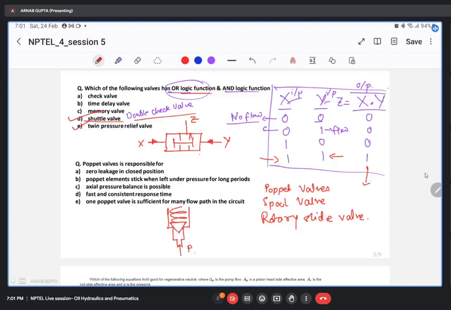If the pressure of the fluid flowing from this direction exceeds the preset pressure of the spring, then this poppet will lift up and the flow will happen from the sides. This can be replaced by a ball type, depending on the application. Again, same principle.